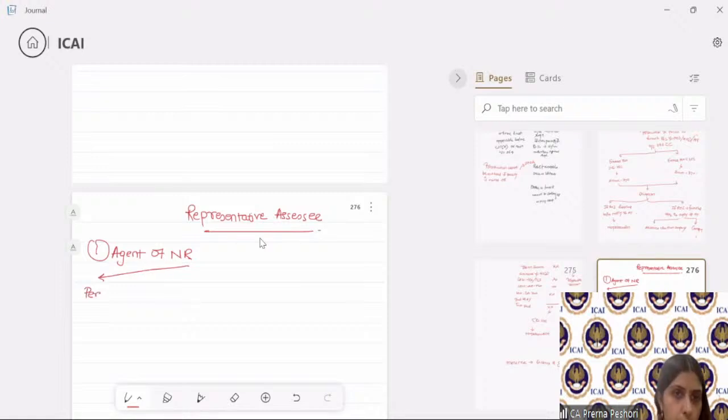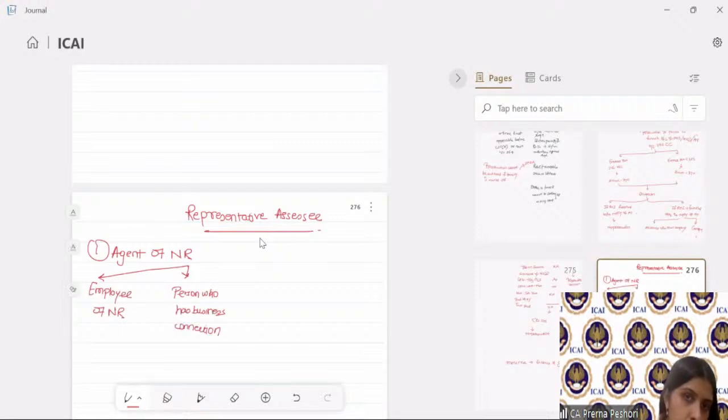Person, let's write: employee of the non-resident. Person who has business connection with non-resident.